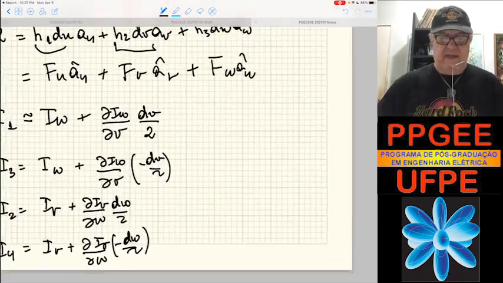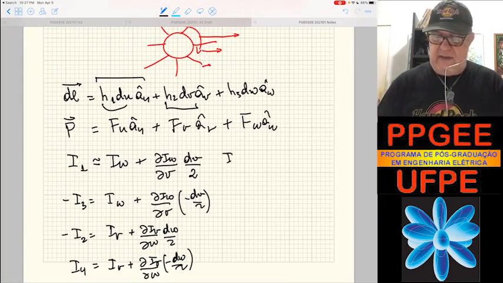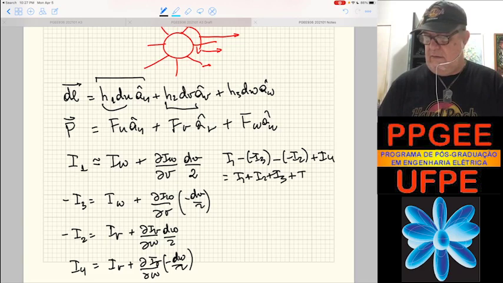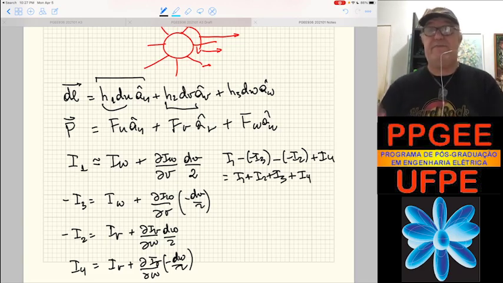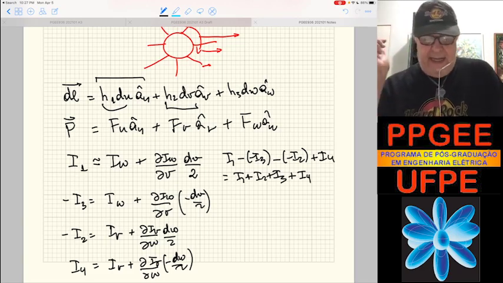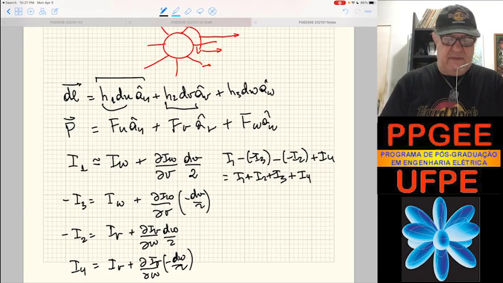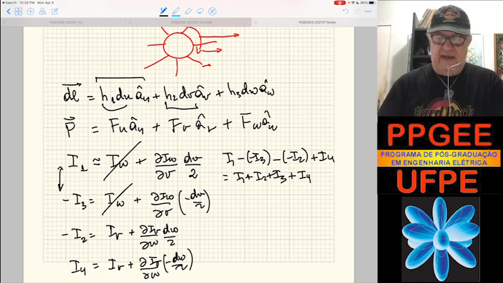So what we have to do is I1 minus I3 minus I2 plus I4. So this is going to be I1 plus I2 plus I3 plus I4. In this sum, if I subtract this one from that one, I'm going to lose that one, so I'm going to have a sum.